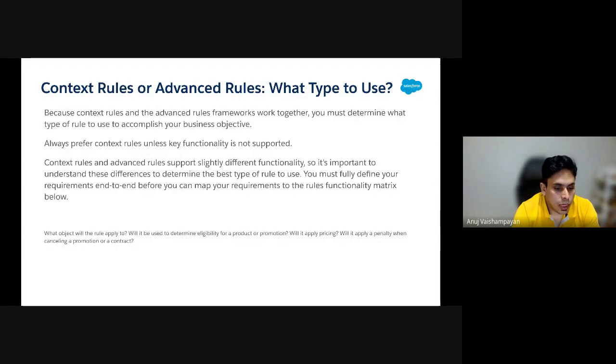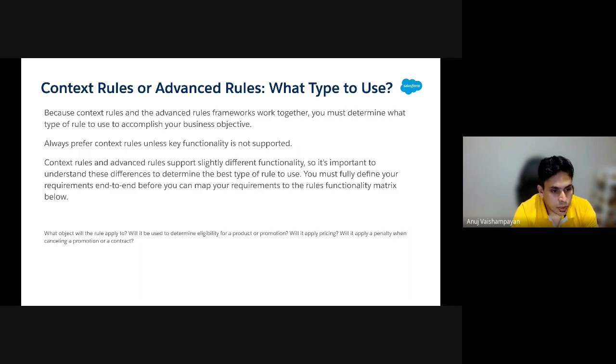So we have a matrix defined, which will be coming in the next slide, to make your decision easy on what type to use and when. These context rule and advanced rule frameworks work together, because one would decide your eligibility criteria, and advanced rule will decide on your compatibility between the products. So you must determine what type of rules to use to accomplish your business requirements.